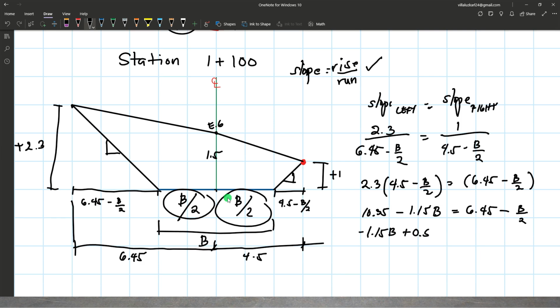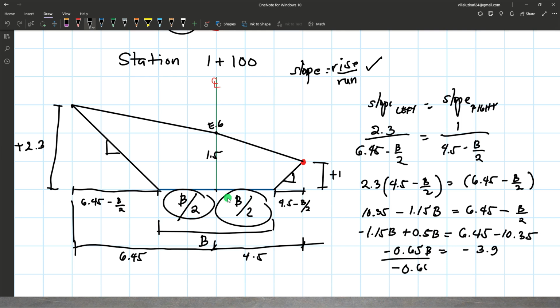We have plus 0.5b equals 6.45, sorry, minus 10.35 minus 10.35. Okay, we have negative 0.65b equals negative 3.9.